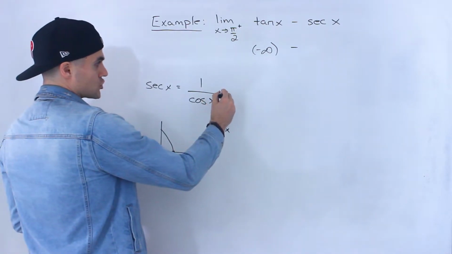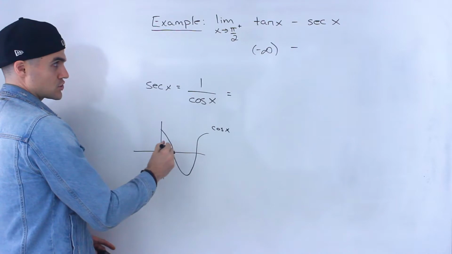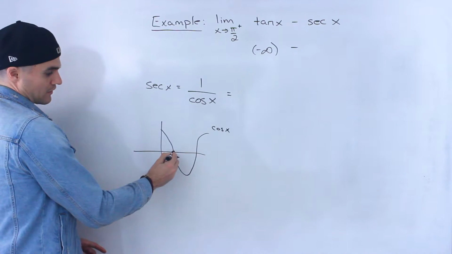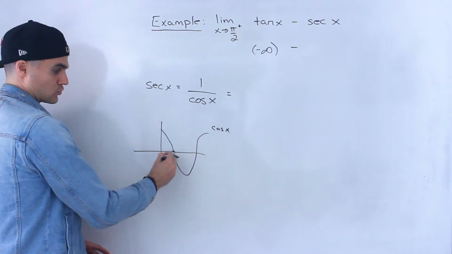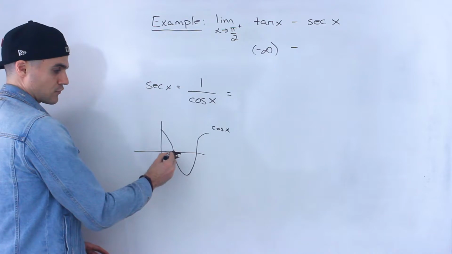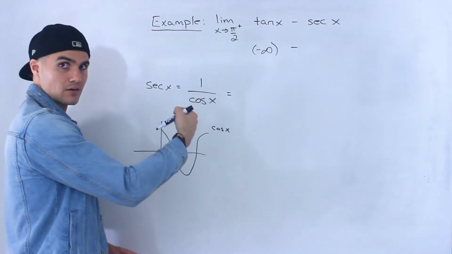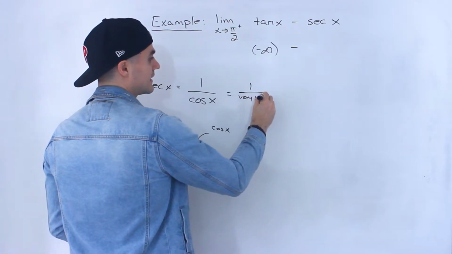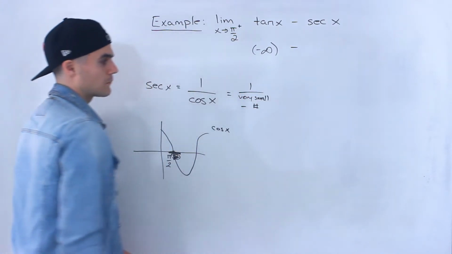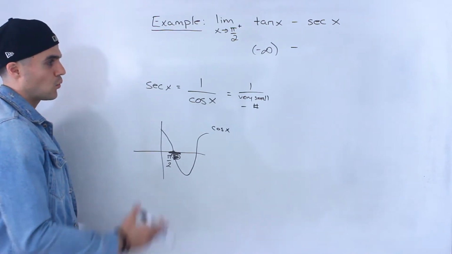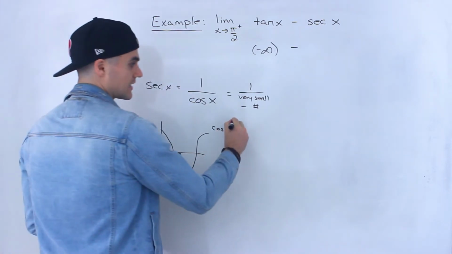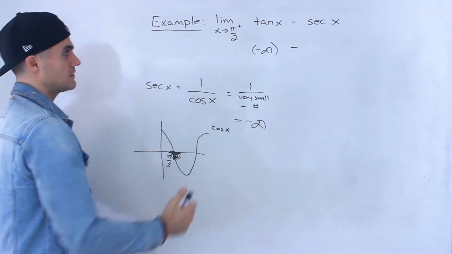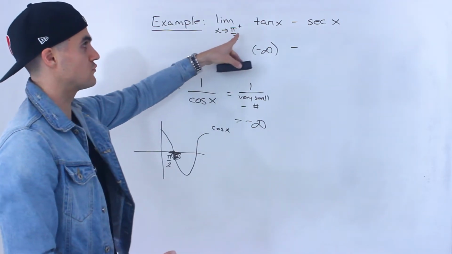So as we approach pi over 2 from the positive side, the function cos x is going to go towards 0, but it's going to go towards 0 from the negative side. So basically this denominator here is going to be a very small negative number. So 1 divided by a very small negative number is going to give you negative infinity. So secant x is going towards negative infinity as x goes towards pi over 2 from the positive side.